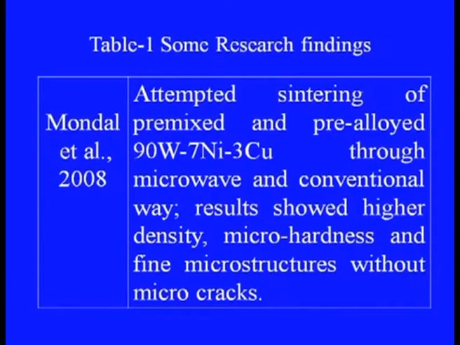Then another group of scientists, Mondal and his co-researchers, in the year 2008 attempted sintering of pre-mixed and pre-alloyed 90 tungsten, 7 nickel and 3 copper powder through microwave and conventional ways. They found higher density, higher microhardness and fine microstructures without any micro cracks for these microwave sintered products.